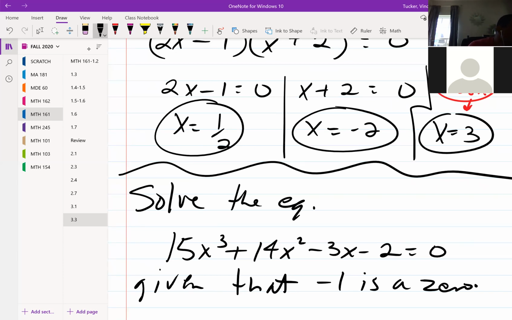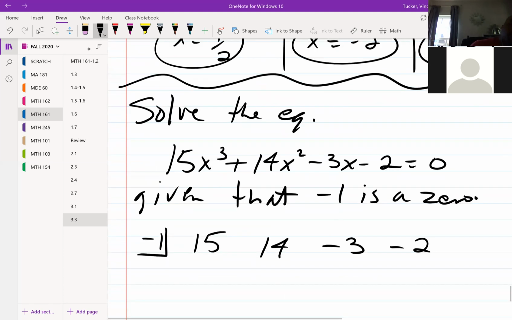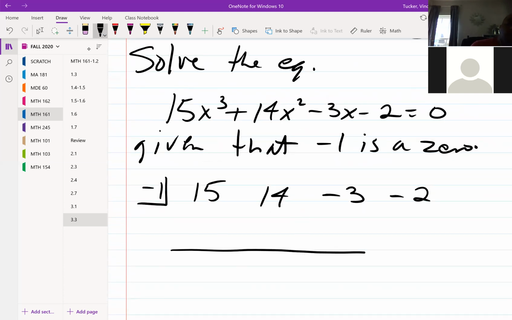I want to solve that given that negative 1 is a 0. So set it up like we did last time, using the negative 1. And if it's a 0, that means 0 should be the remainder. And that also means that this should end up being a positive 2 right here. It's the only way I can get a 0.